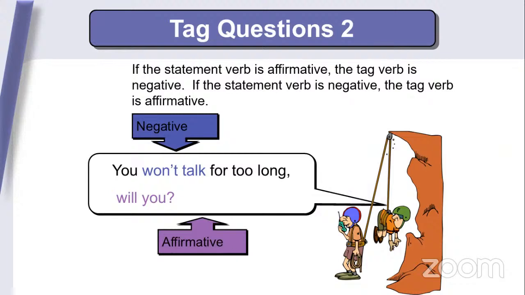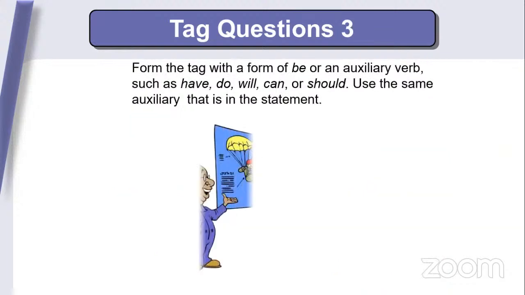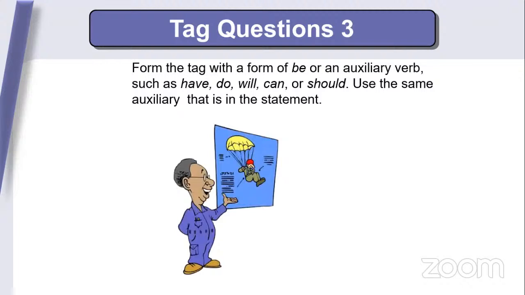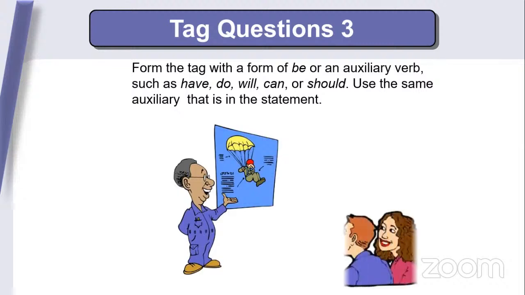Over here we have the negative one and the positive. So tag questions form the tag with a form of be or an auxiliary verb, such as have, do, will, can, or should. Use the same auxiliary that is in the statement.